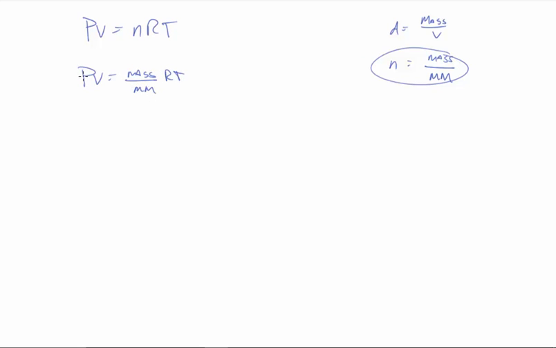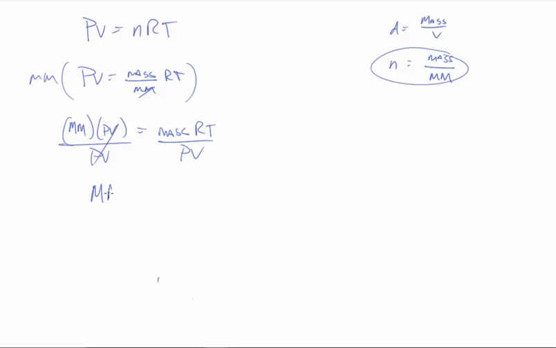Right? I'm going to multiply both sides by molar mass. And so that cancels out over here. And then I end up with molar mass times PV equals, actually it would be mass times RT here. All right, and then I'm going to move PV off to both sides, and there we go.